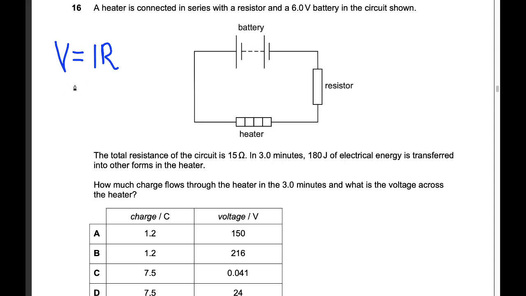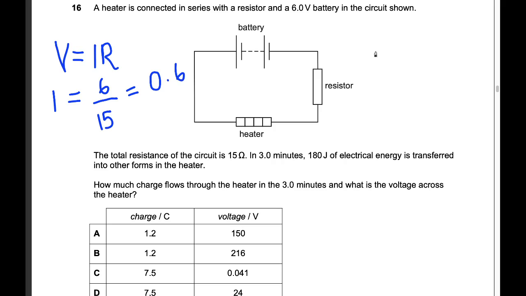So the total resistance is 15 ohms. The voltage is 6 volts. So if I rewrite this as current is equal to 6 volts over 15 ohms, I can cut that down. I'll divide by 3 on the top and the bottom. I get 3 over 5, or 0.6. Okay, so 0.6 amps.